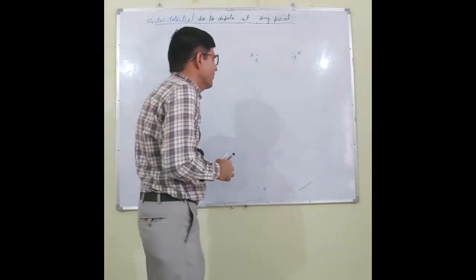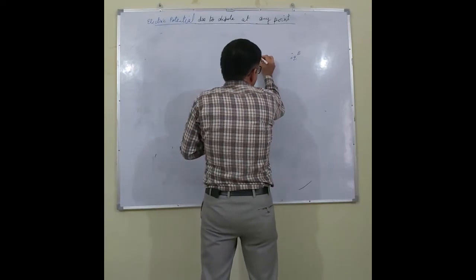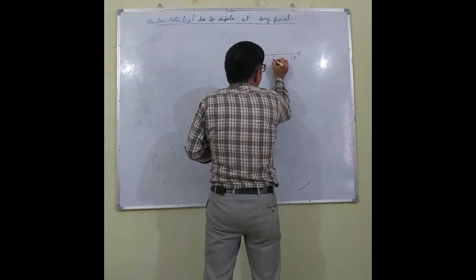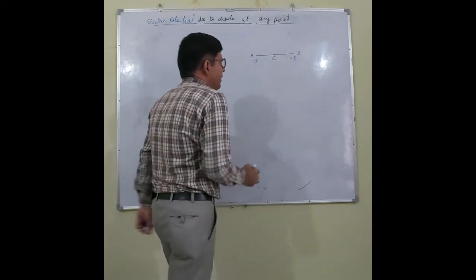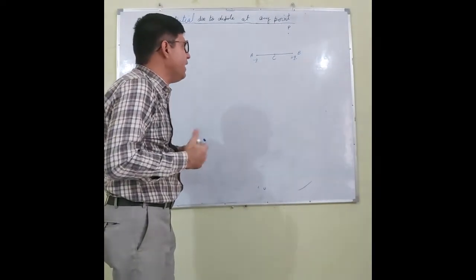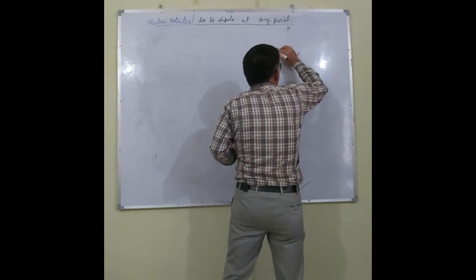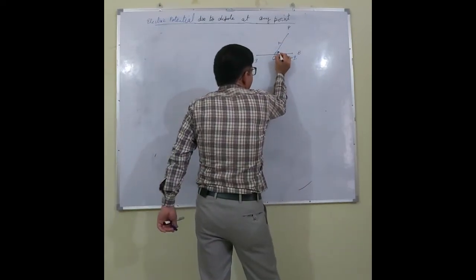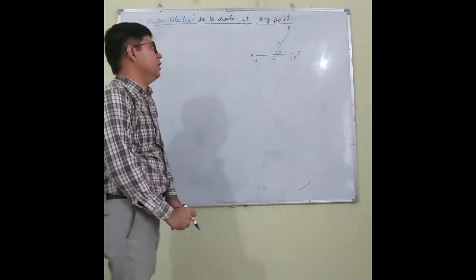Now this is the line joining these, and C is the midpoint, and the point where we have to calculate the electric potential is P. This point is lying here such that its distance from the center of the dipole is R, and it makes an angle theta with the direction of dipole moment.